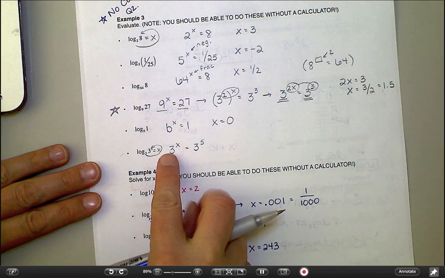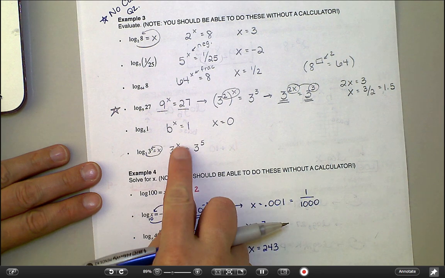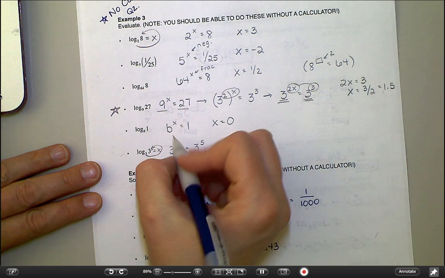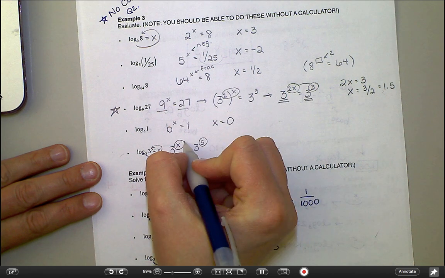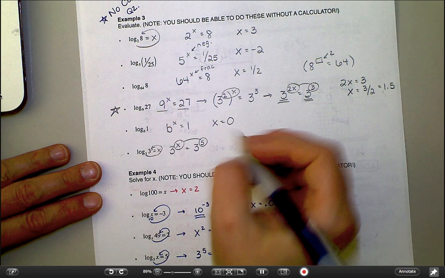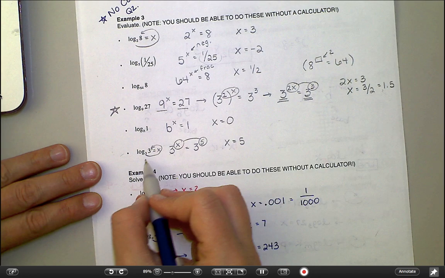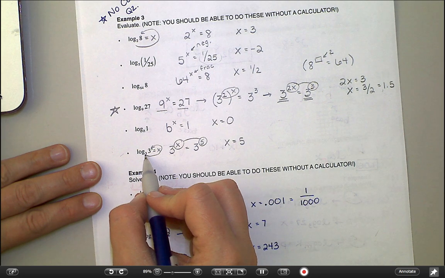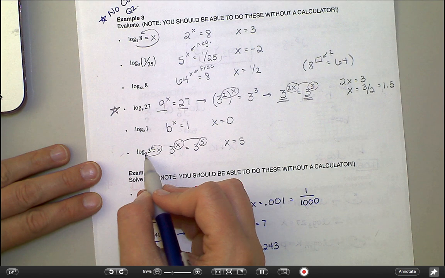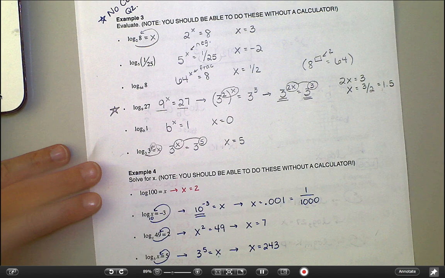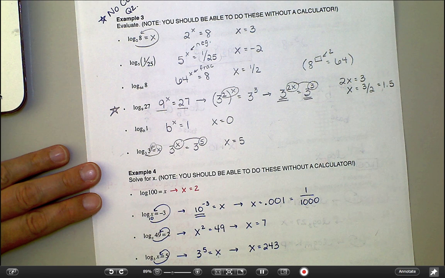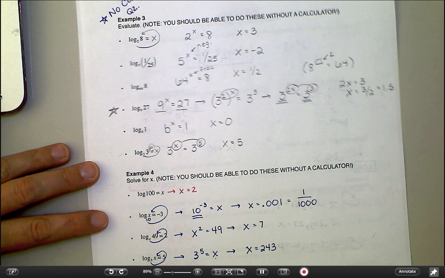Well, these are both 3's, right? So 3 to what power equals 3 to the 5th power? X must be 5. It's as simple as that. So if I ask you for the log base something of that exact same number, if these two numbers match, your answer is always just going to be whatever that exponent is. Okay, so that's a nice shortcut you can take with logs too.